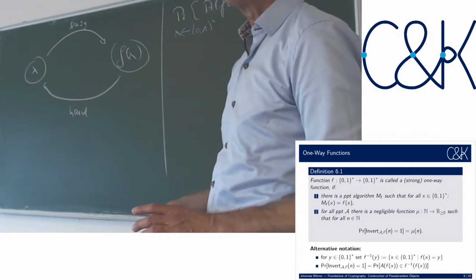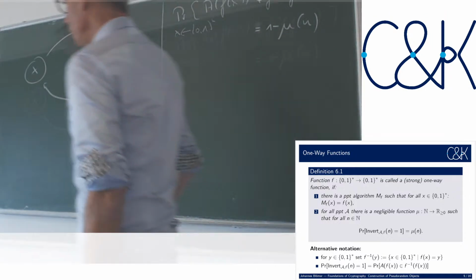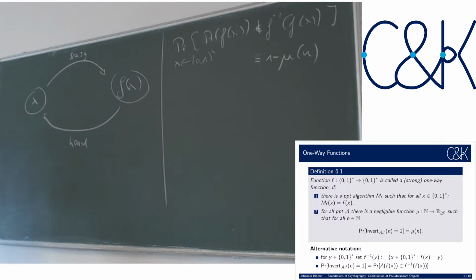Okay? So this here means that it's almost 1 not to produce a correct pre-image.